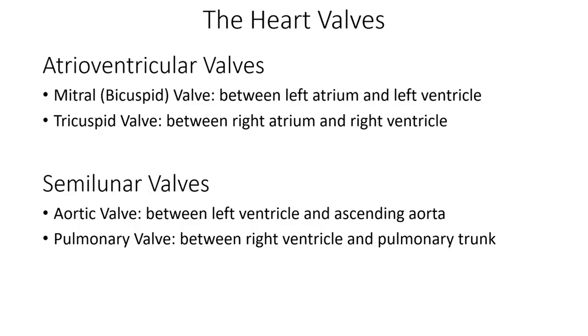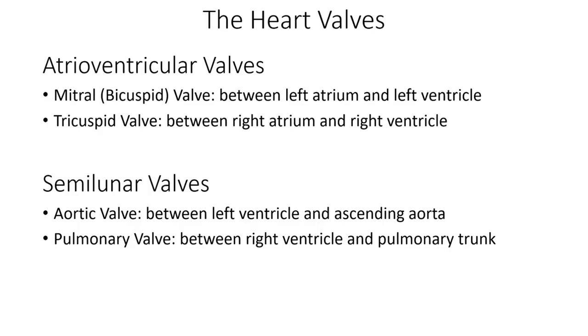So let's look at some of the heart valves now. We have 4 heart valves, the 2 atrioventricular valves. These are going to be the valves in between the atria and ventricles, and there's going to be the mitral or bicuspid valve between the left atria and left ventricle, and then the tricuspid valve between the right atria and right ventricle.